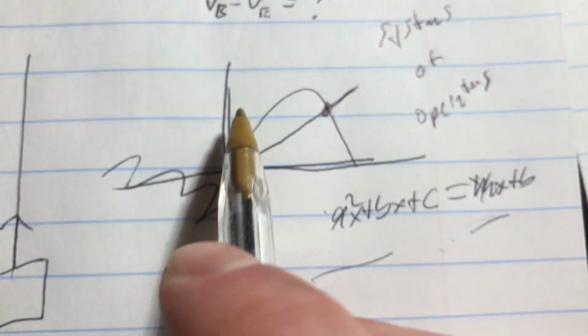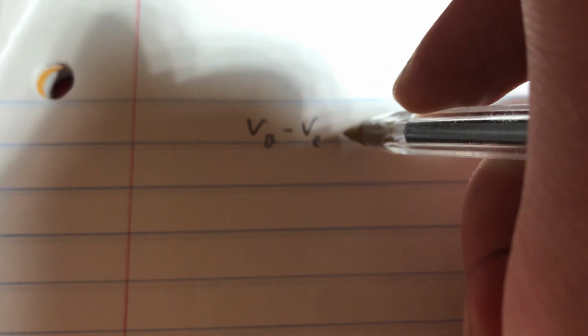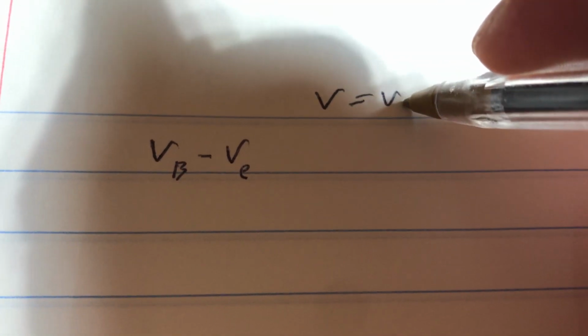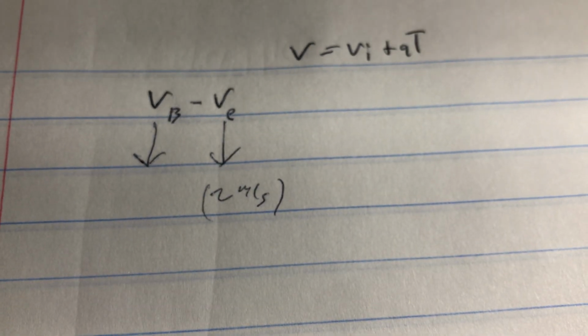Remember what we wanted. We wanted relative velocity, so I'm going to bring this over to the next page, which is the velocity of the ball minus the velocity of the elevator. I'm going to use the equation v equals vi plus at. The velocity of the elevator is constant, so that's 2 meters per second. The velocity of the ball changes because there's gravity acting on it.